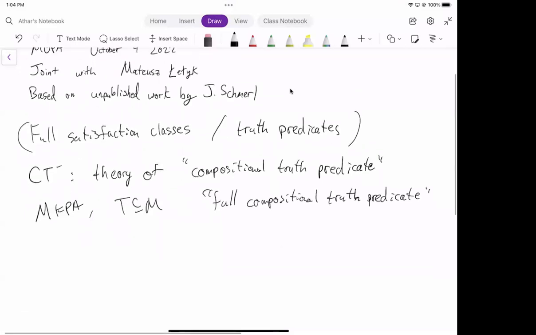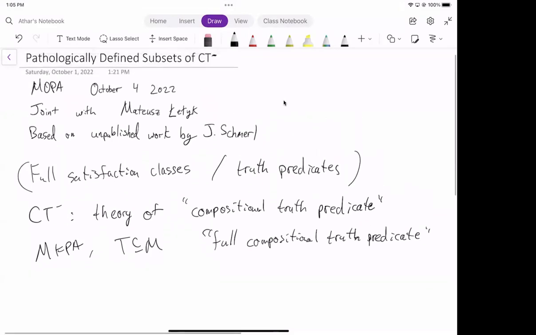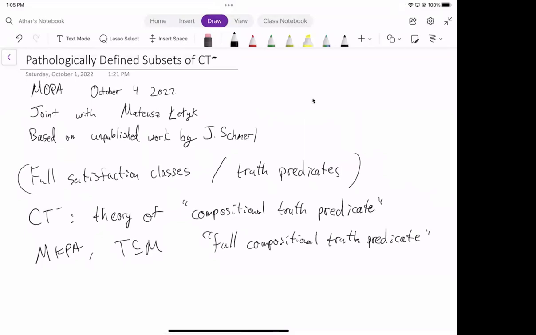There's a lot of history that I can go through. I'll skip over some of it, but I'll hit on some of the most important things. Before I start, I should say this is joint work with Mateusz Łełyk that has been ongoing for a little while, so it's still work in progress.